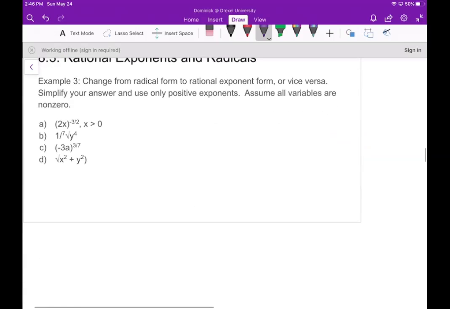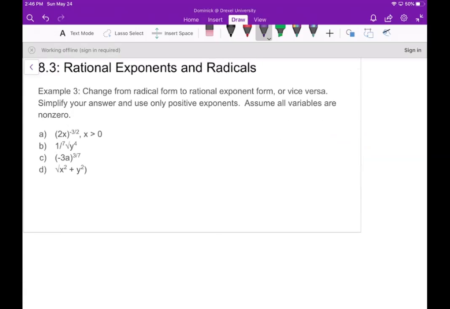Okay, so now I just want to showcase going back and forth between fractional exponent and radical form, and we'll simplify our answer and use only positive exponents. So in part A, we have 2x to the -3/2. The first thing that we'll do is put this in the bottom so we don't have a negative exponent.